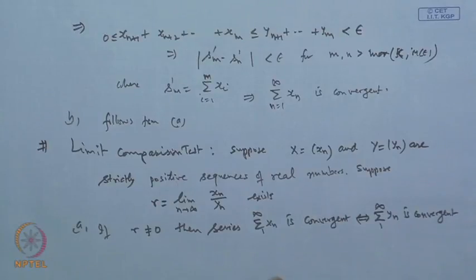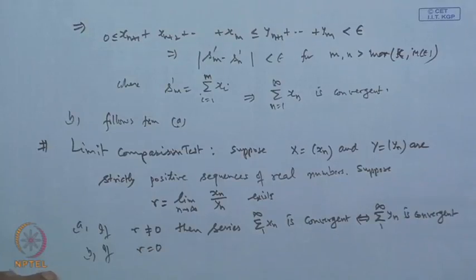It means the behavior of the series sigma y_n and sigma x_n are parallel: if this limit x_n over y_n exists and is different from 0, then both series will have the same nature. If this series is convergent, this has to be convergent. Okay? And the second part is if r is equal to 0.